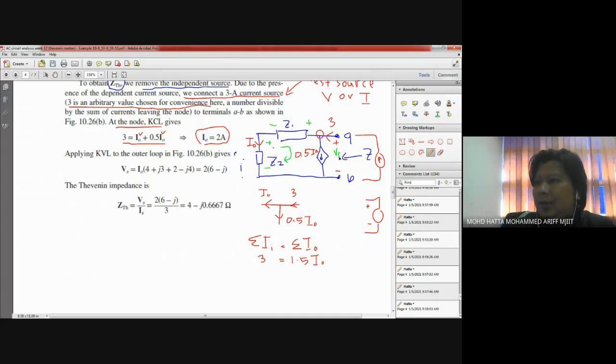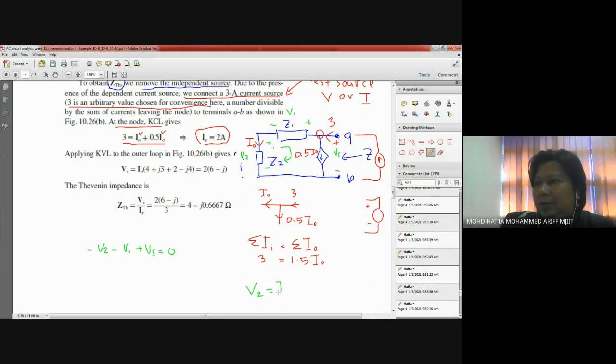The voltage VS over here is the same voltage across this element. So VS can be found, maybe I put this one as V1, this one as V2. If I start here, negative V2 minus V1 plus VS equals to 0.